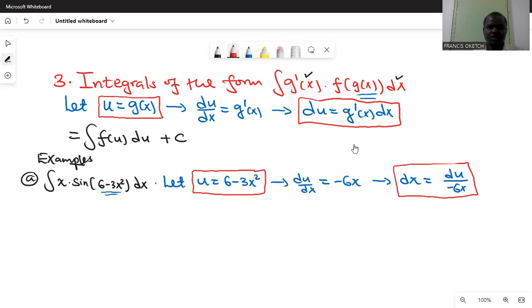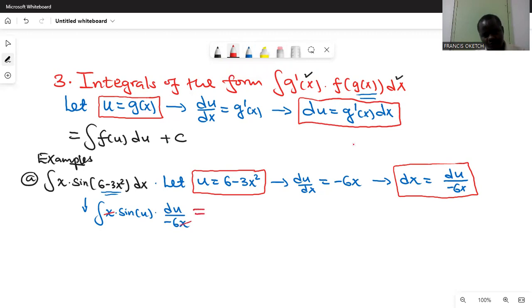When you substitute into the given integral, we get the integral of x times sine u. Instead of dx, we write du over negative 6x. You see this x will cancel with this other x.